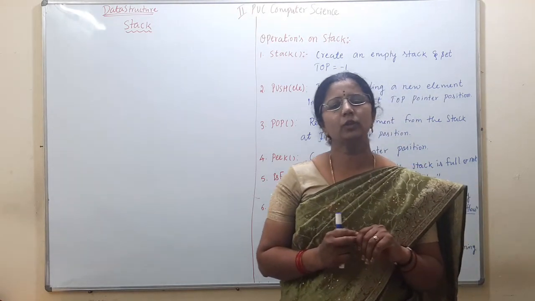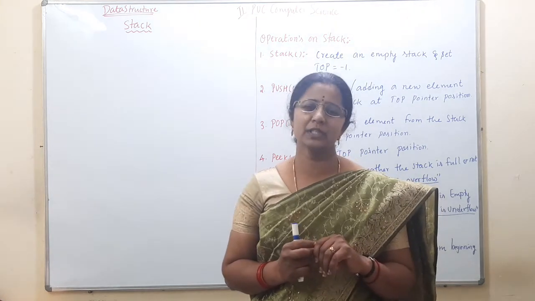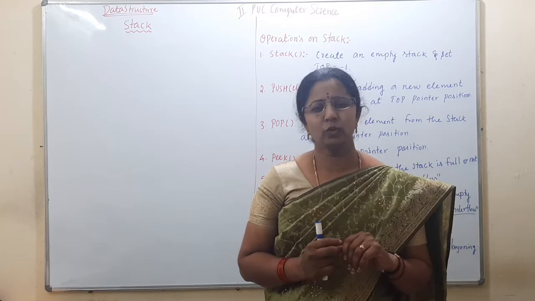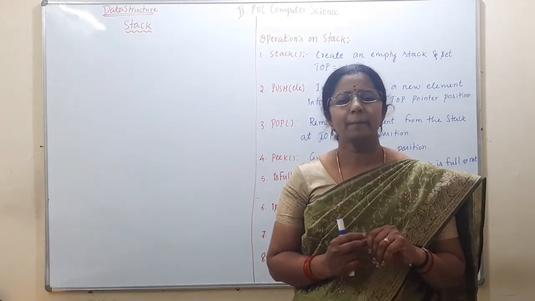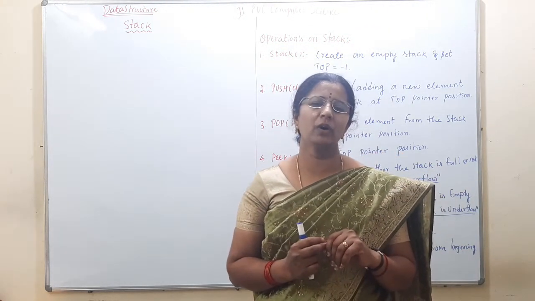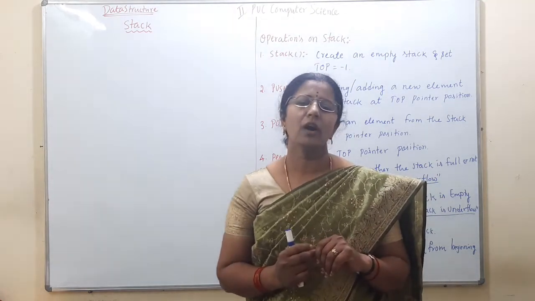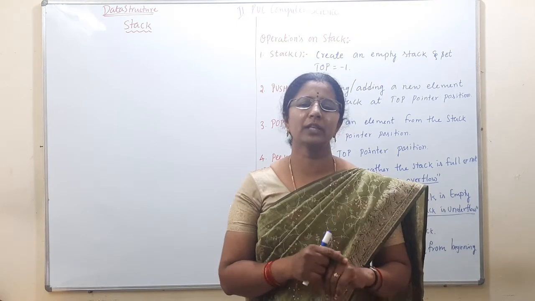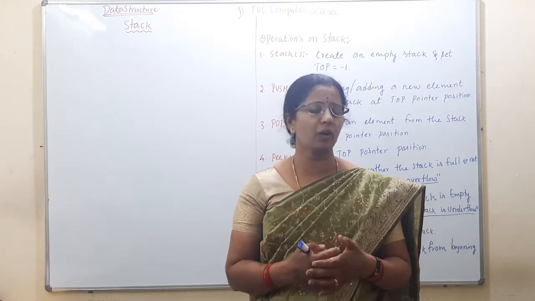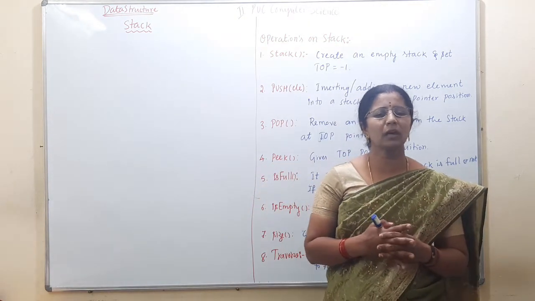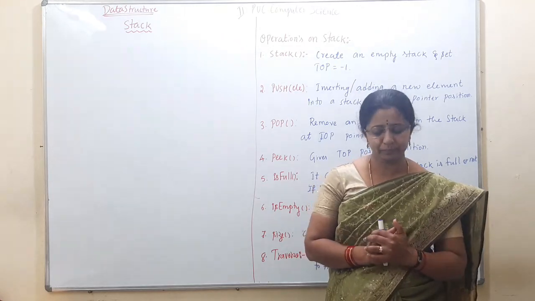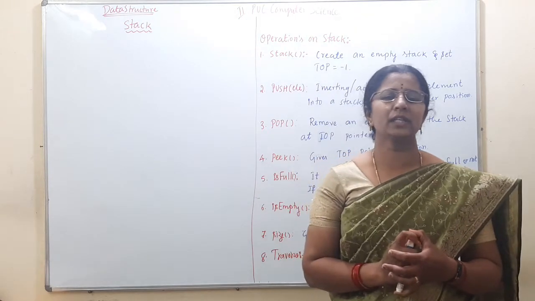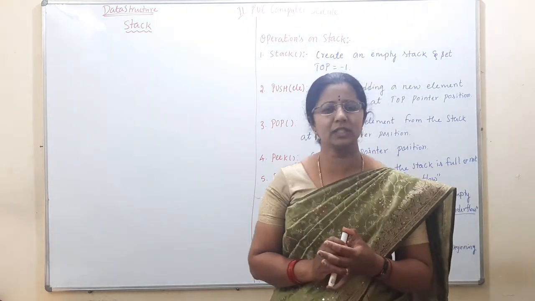Along with that, two-dimensional array memory representation: syntax, row major order and column major order, how to find the address of an element in row major and column major order, different formulas along with an example. We also discussed applications of array, advantages and disadvantages.